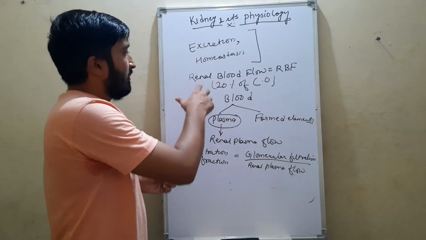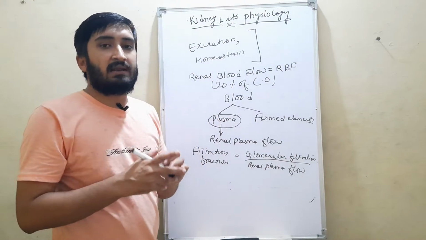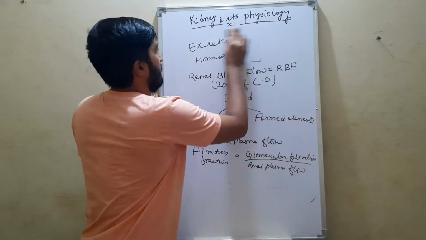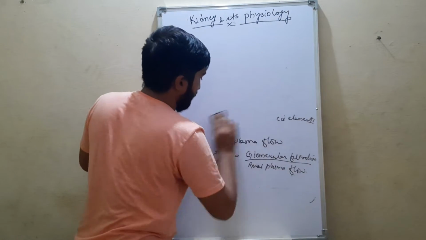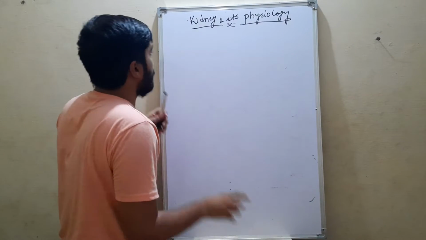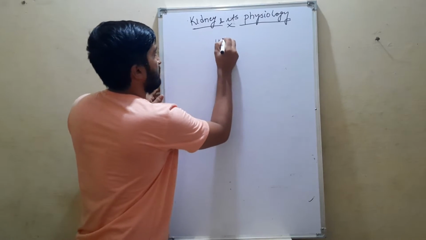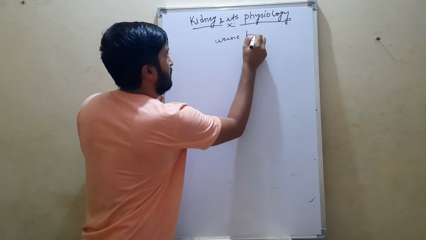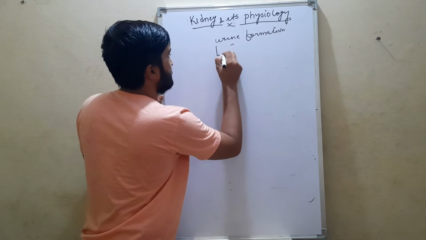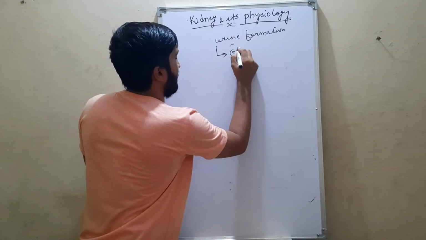Now the formation of urine is performed in three parts. So let me explain in a more detailed way. Urine formation occurs by three steps. First is glomerular filtration.